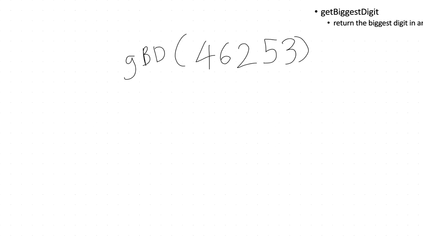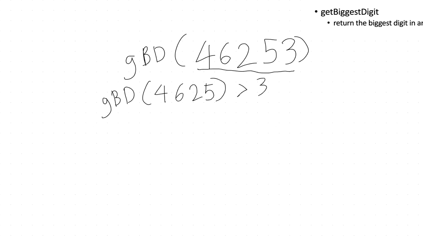To solve what the biggest digit in this original number would be, we first have to solve what's the biggest digit in the smaller version of this problem, and then we compare it to 3. But we can't solve this yet because this is still too big for us to solve immediately. So we cut that smaller as well, and then compare it to 5.